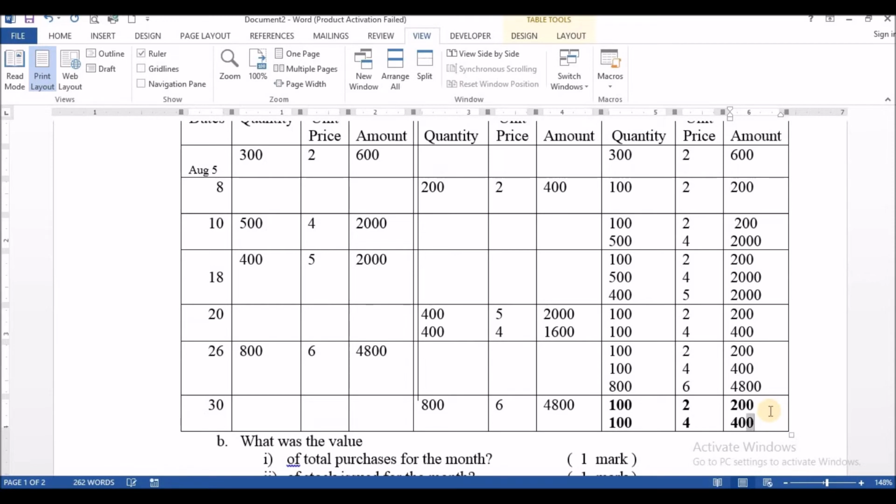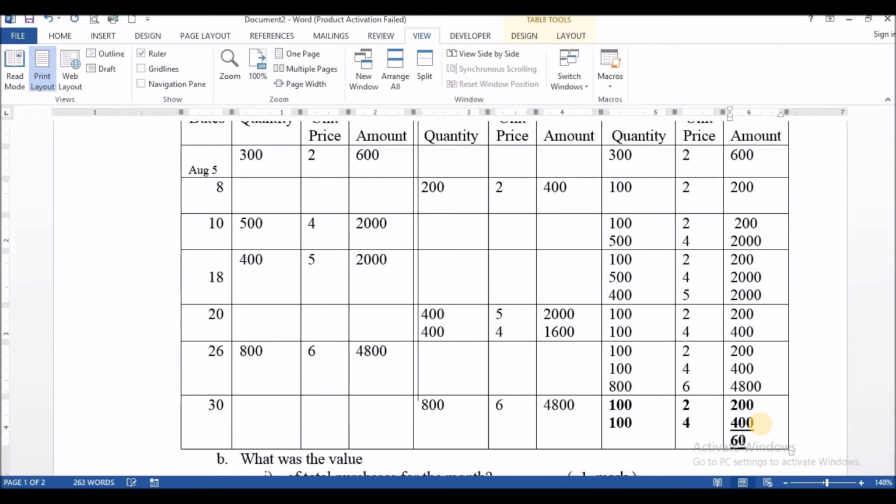So in essence, our stock would be valued at $600 using the LIFO method. Alright, so that's LIFO.